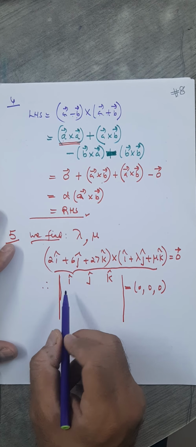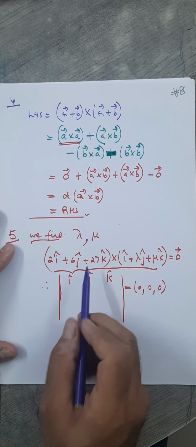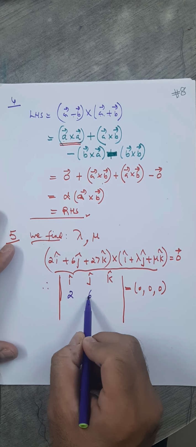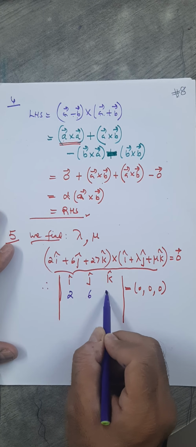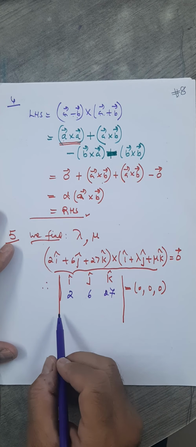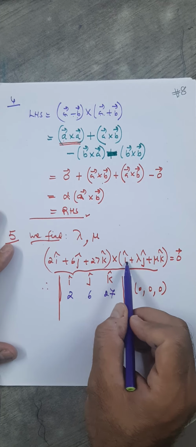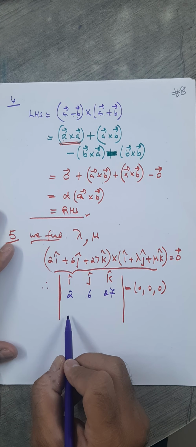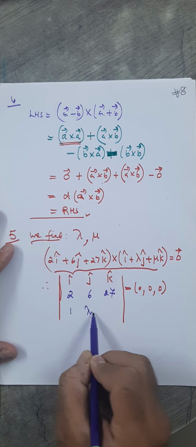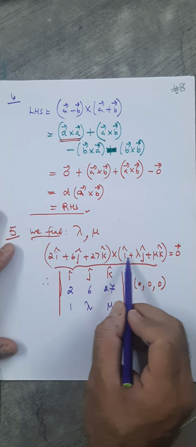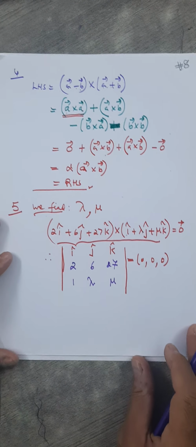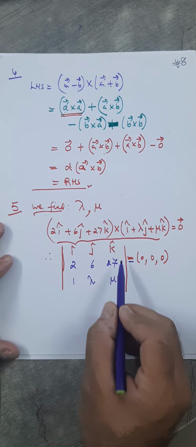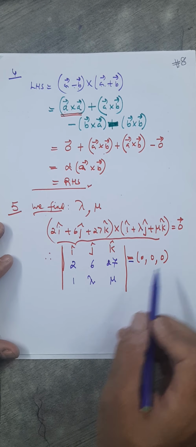That is 2, 6, 27. What is the third row? 1, lambda, mu. Now you must realize what is to be done.